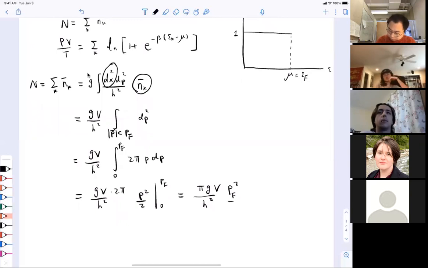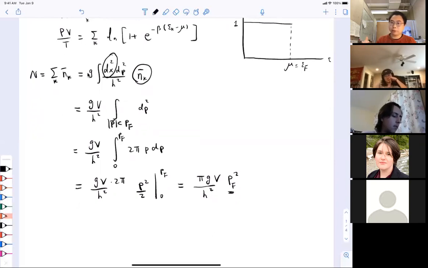This PF is what we need in later calculations, because whenever we do an integral, there is always a cutoff set by this PF.